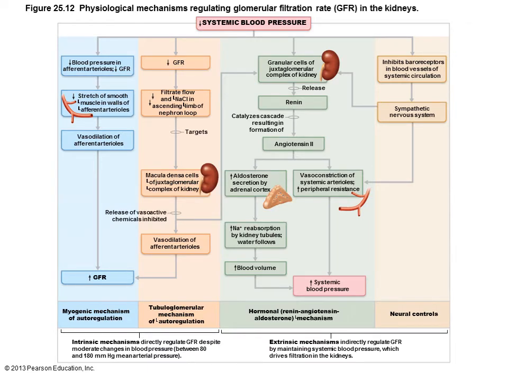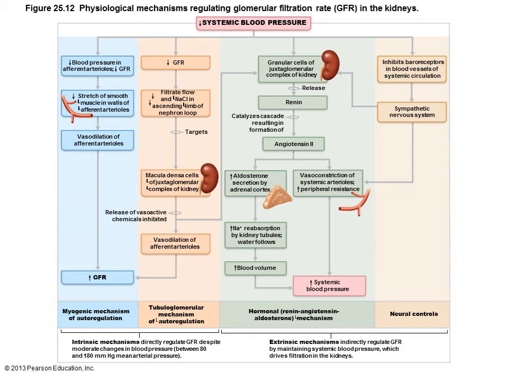As you see, nephrons love to keep the glomerular filtration rate constant, even if your systemic blood pressure goes up and down, because otherwise blood cannot be cleansed or filtered. This diagram shows what happens if the glomerular filtration rate goes down in a nephron because the systemic blood pressure is down.